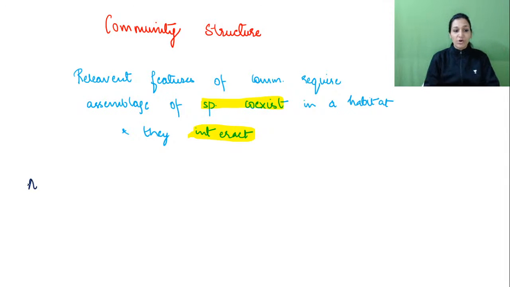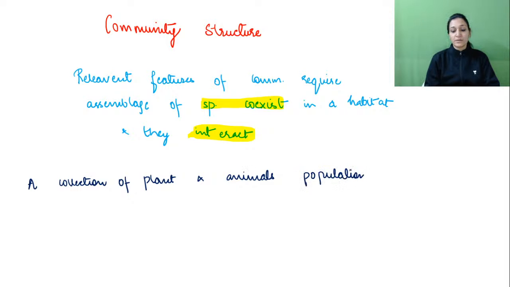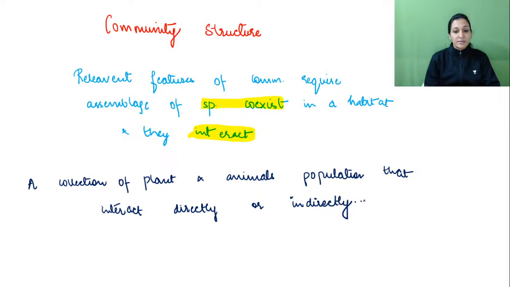So a collection of plant and animal populations that interact directly or indirectly. So it's a collection of plant and animal populations that interact directly or indirectly.